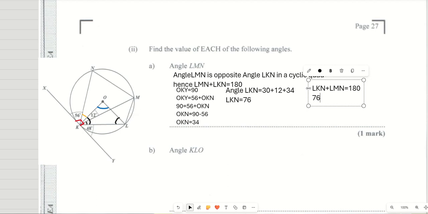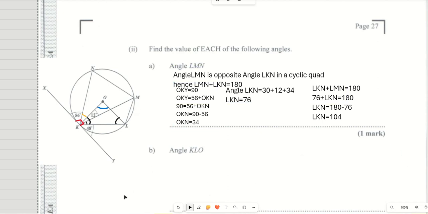So that's 76 plus LMN is equal to 180. So LMN would be equal to 180 minus 76, which is 104. And that is how you would get your answer. So angle LMN is 104.